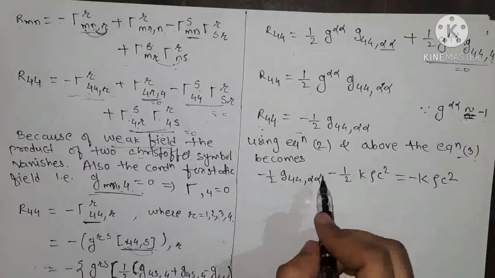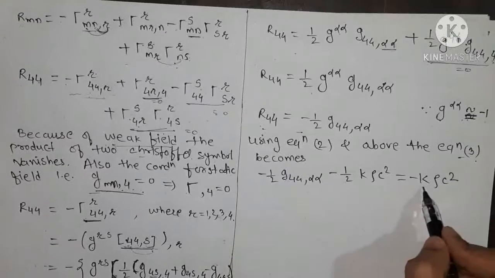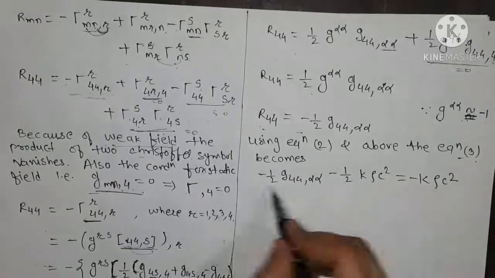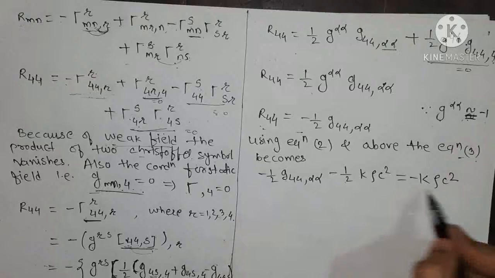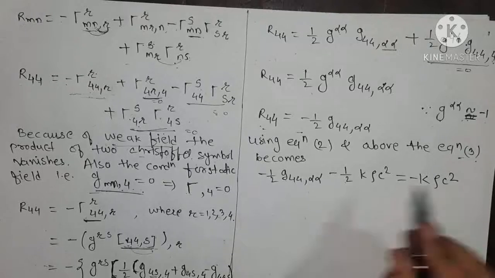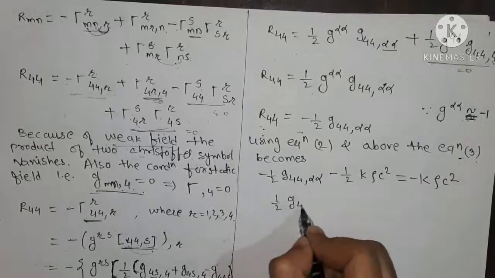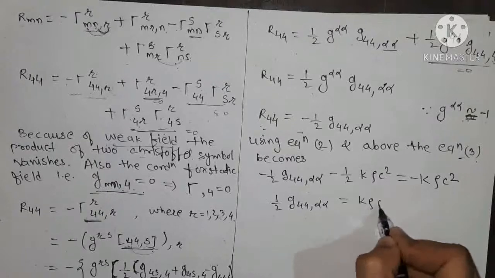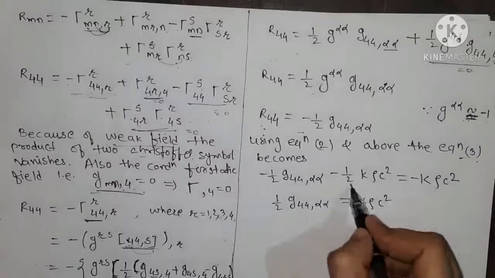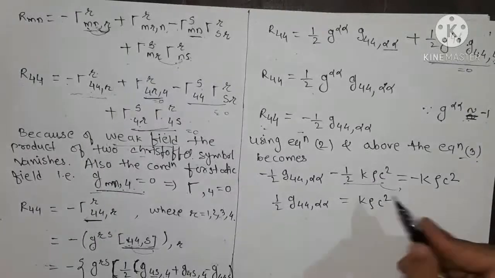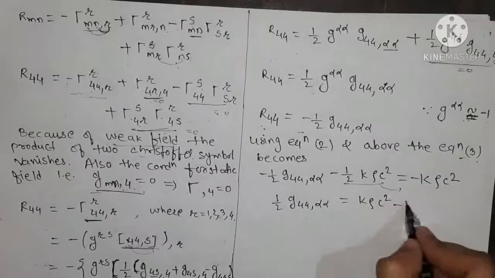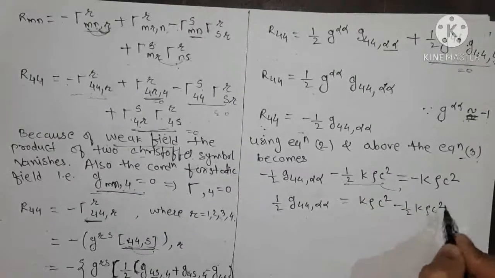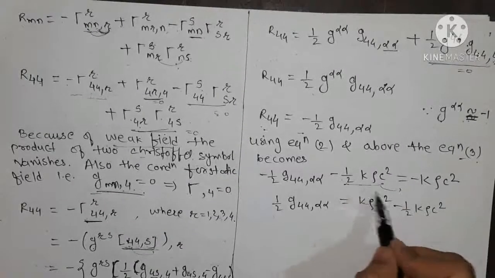As minus is everywhere, we multiply the equation by minus, so we get 1/2 g_{44,alpha alpha} equals k rho c squared, and when we take this to this side, it is minus half k rho c squared, because we are multiplying and also shifting this term.